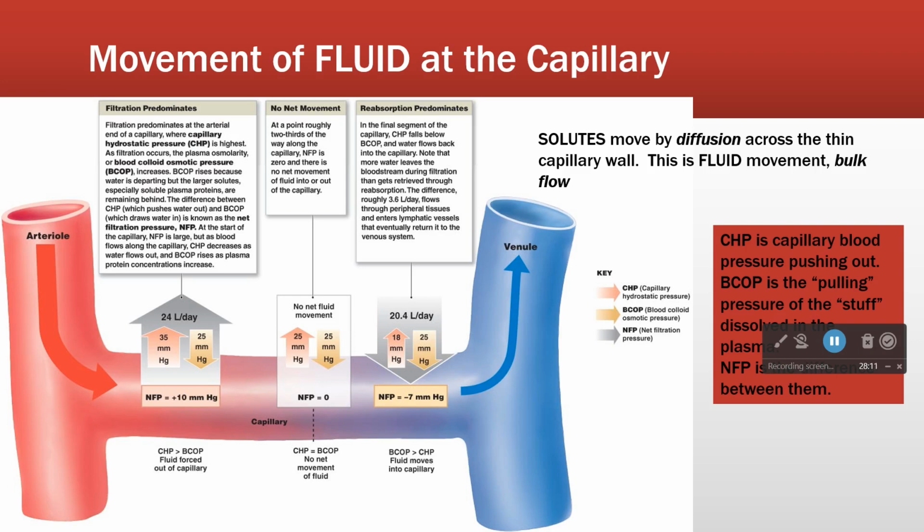That's the big outbound pressure there, right? The inbound pressure, the blood colloid osmotic pressure, is about 25, right? So we have 35 out, 25 in. Now, of course, you're going to ask me, well, what about the tissue pressures? We are ignoring them for this diagram, okay?